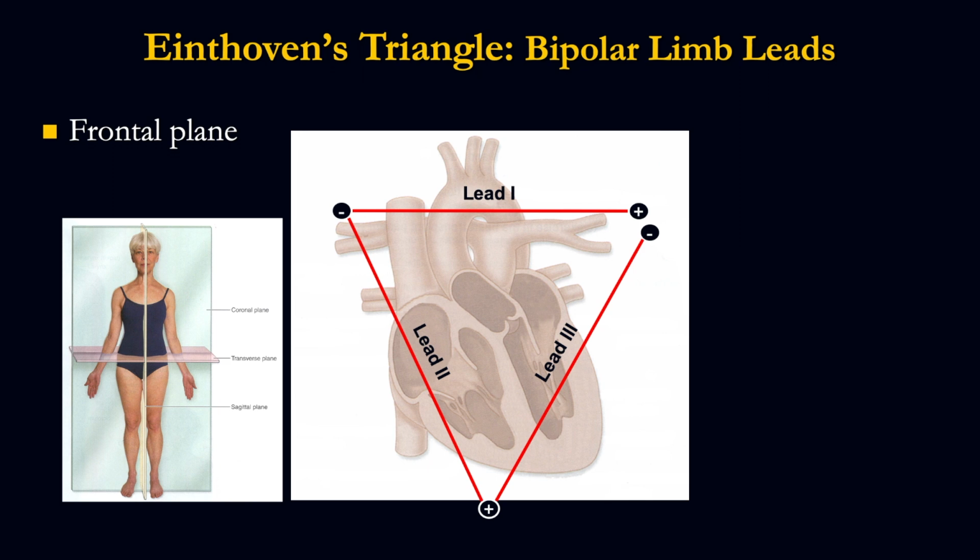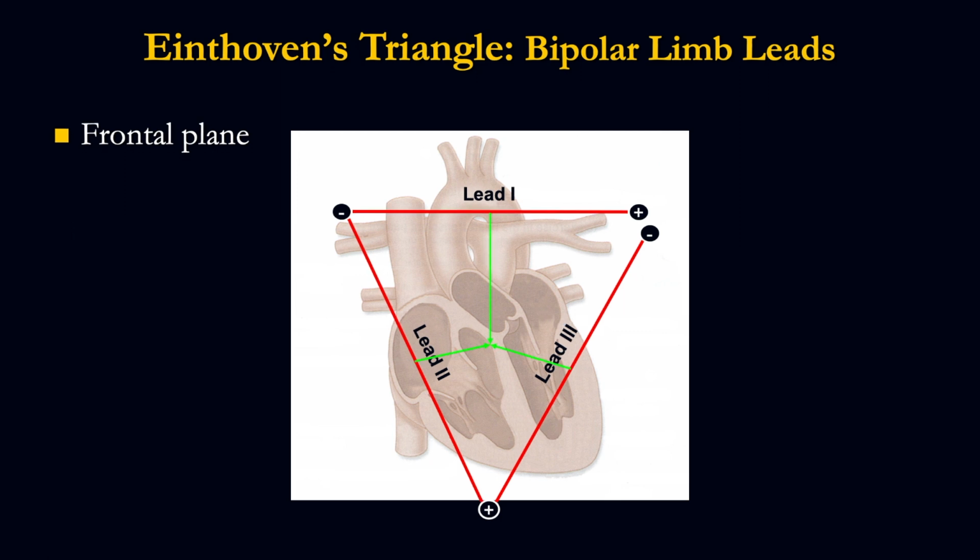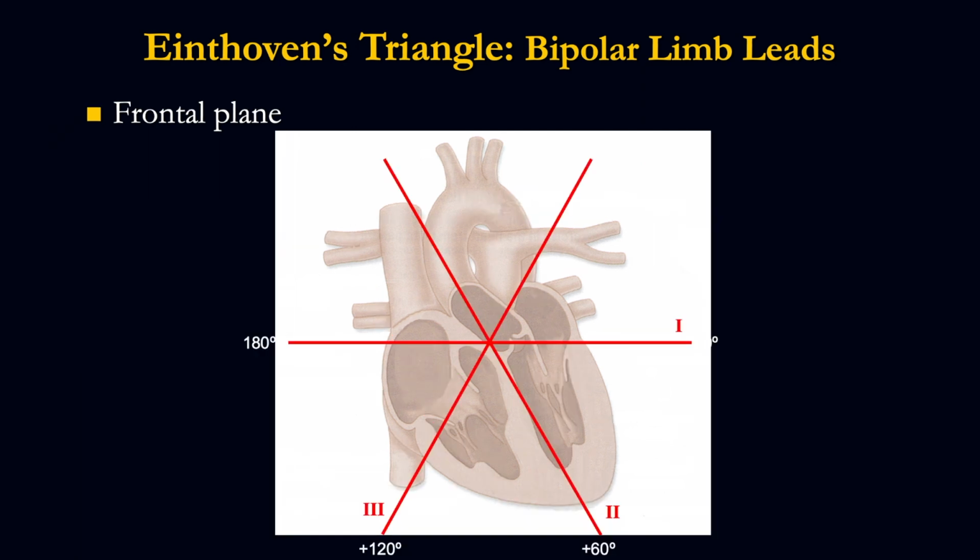These are what we refer to as the bipolar limb leads, and they look at electrical activity on the frontal plane or the coronal plane. What's interesting is that we can take these limb leads and intersect the lines to come up with a hexaxial reference system. So these lines are exactly what we just saw in Einthoven's triangle, except we move them so that all the lines intersect at one point.